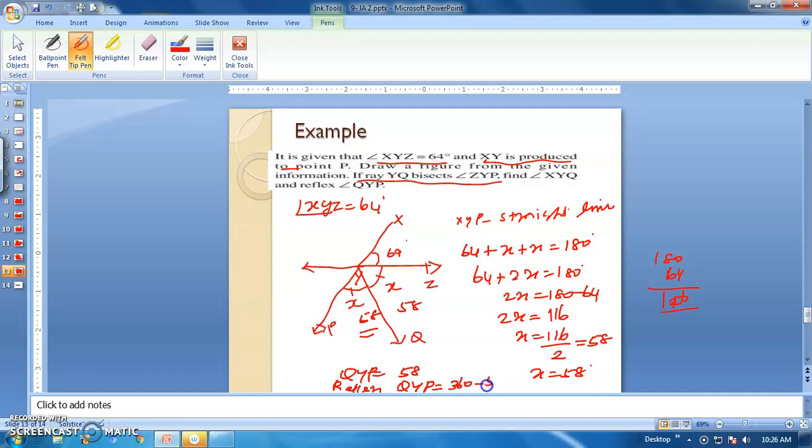So 360 minus 58 is nothing but the reflex angle. So 360 minus 58 is 302. So this is nothing but the reflex of QYP.